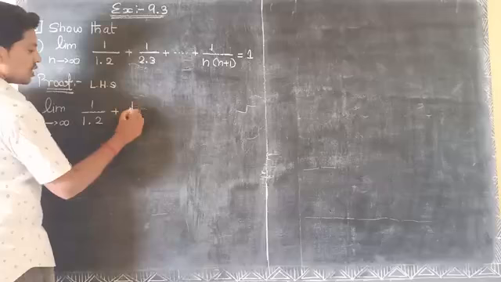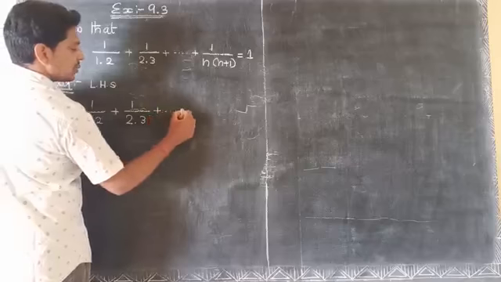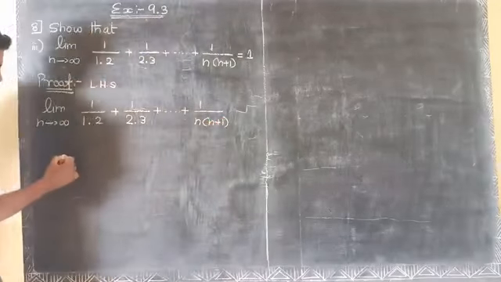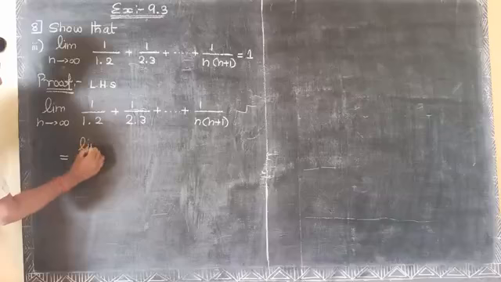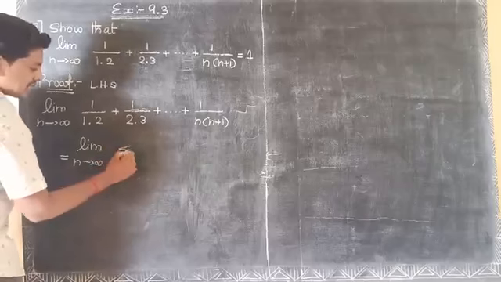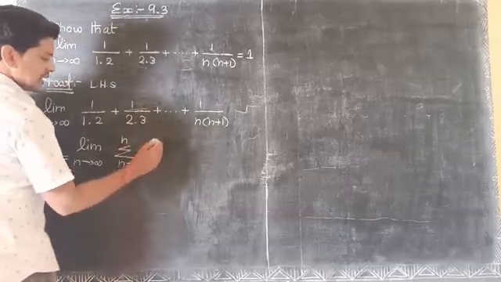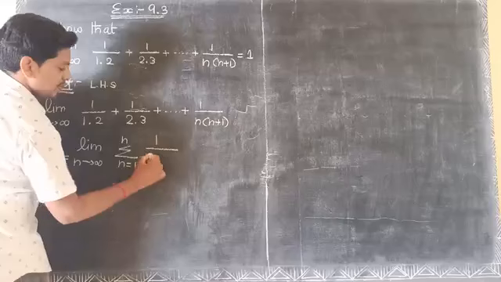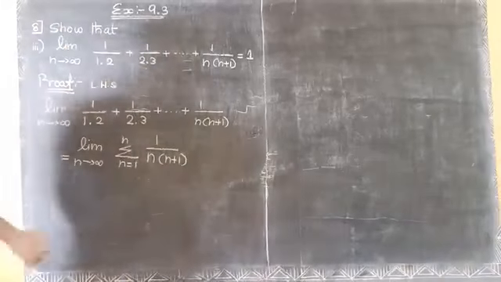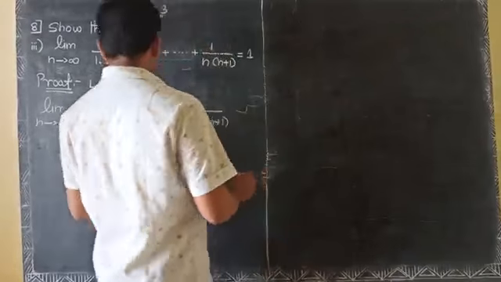The limit as n approaches infinity of 1 divided by 1 into 2, plus 1 divided by 2 into 3, plus and so on, plus 1 divided by n into n plus 1, is equal to the limit as n approaches infinity of the summation from n equal to 1 to n of the last term, 1 divided by n into n plus 1.